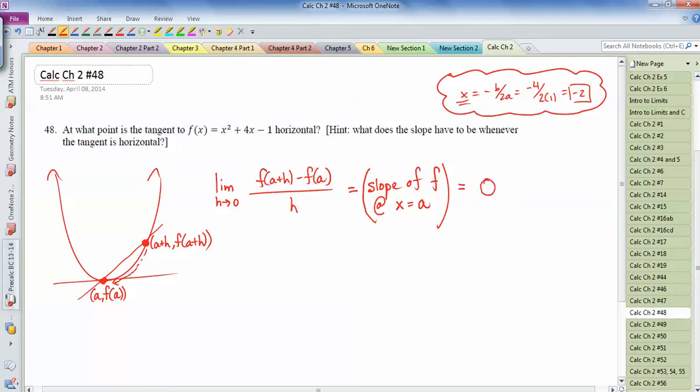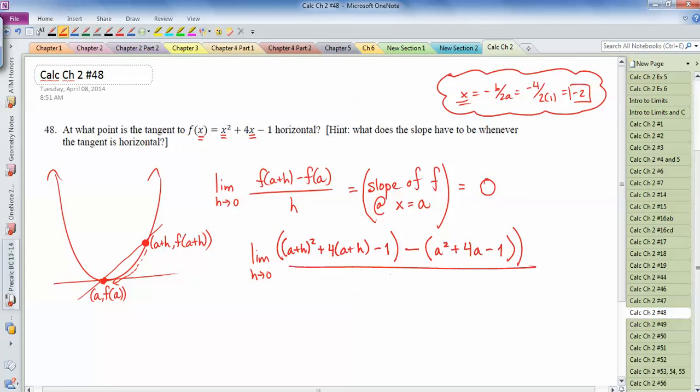Okay, so let's work this out. The limit as h goes to 0, and for f of a plus h, that means the x is a plus h, so it's a plus h squared plus 4 times a plus h minus 1. So this becomes (a plus h) squared plus 4 times (a plus h) minus 1, minus f of a, which is a squared plus 4a minus 1, all over h.